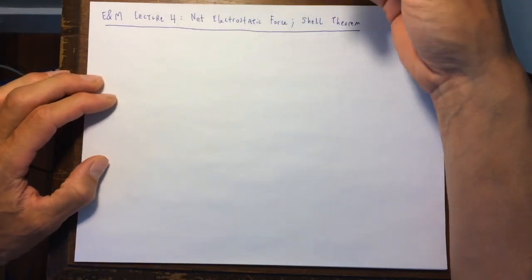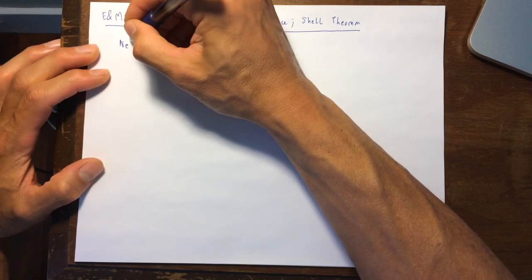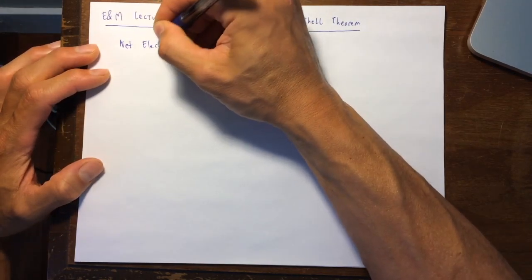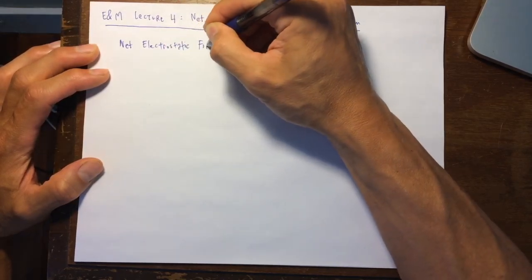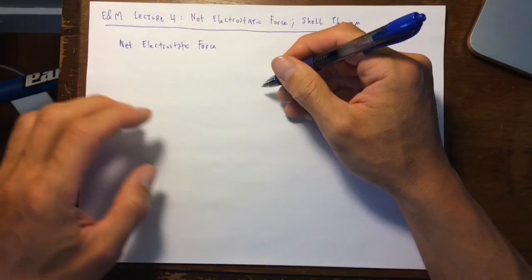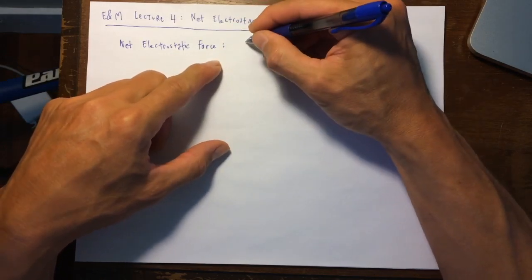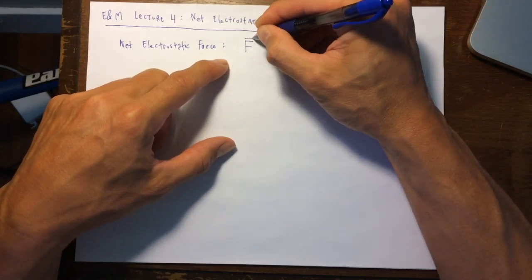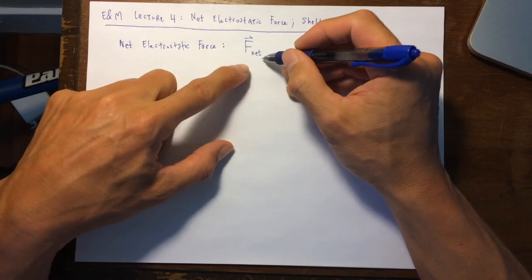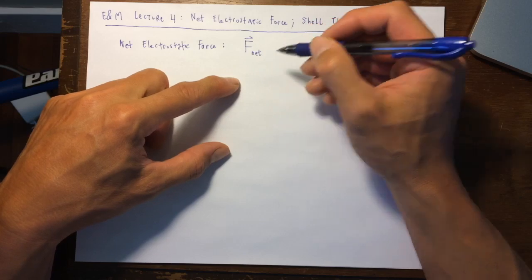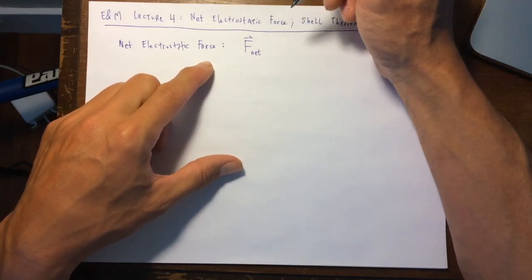So the net electrostatic force, let me write this out, electrostatic force. Let's symbolize it as F net, and we could put the designation electrostatic, but I'm only going to consider electrostatic interactions.